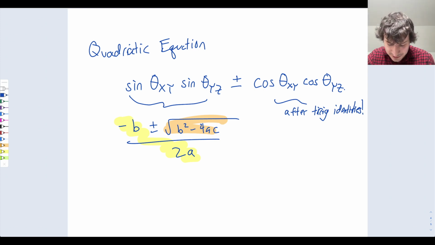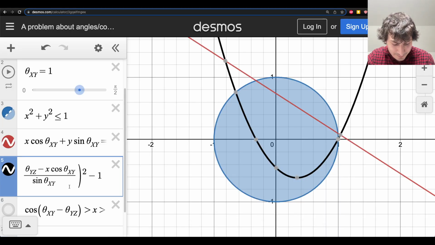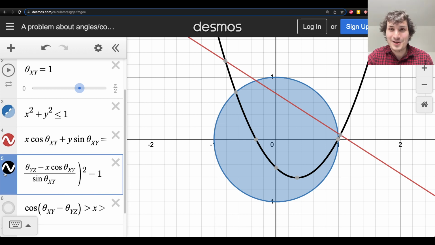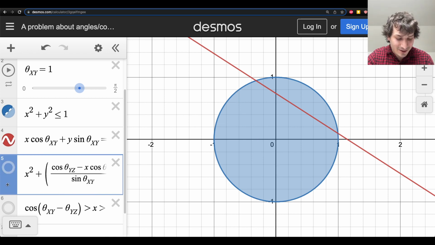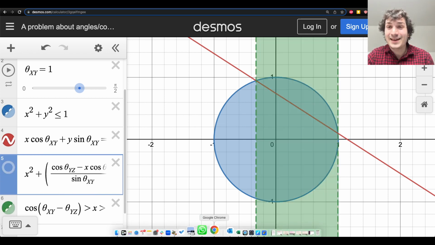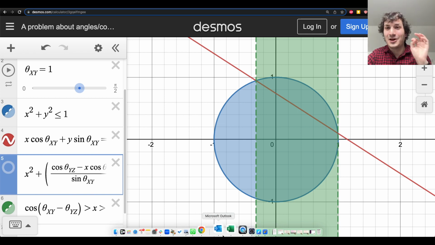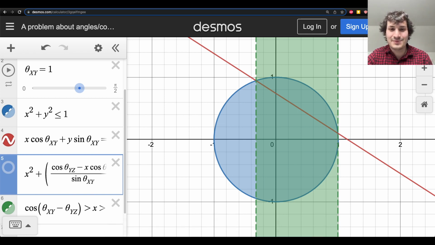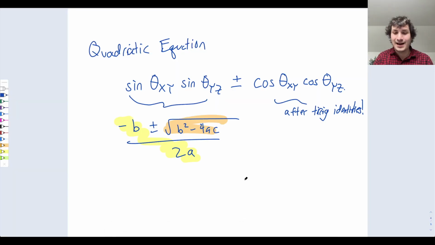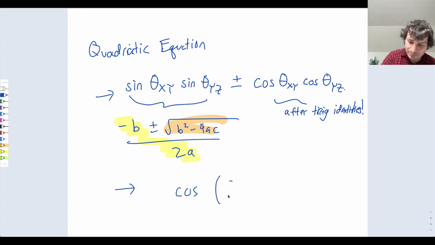So if you go into Desmos and you plot, okay, I've spoiled the final answer here, but it is the sine times the sine plus or minus the cosine times the cosine. And this is the last trig identity of the whole problem, to recognize that this formula is exactly the formula for the cosine of theta xy plus or minus theta yz.